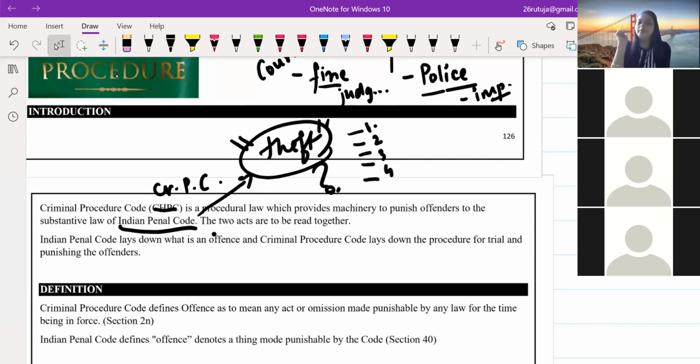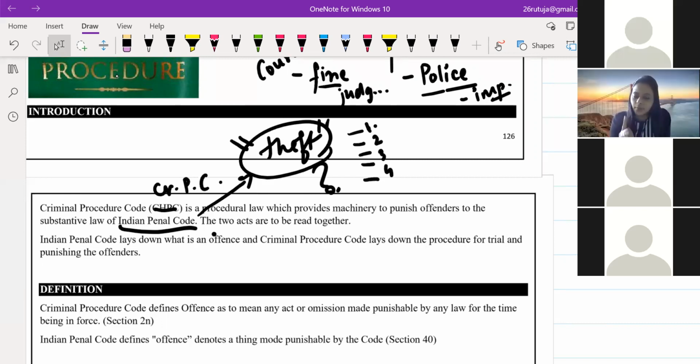Okay, so Indian Penal Code defines various crimes, various offenses, gives the essential ingredients for those offenses, and CRPC only gives you the procedure. So CRPC is a procedural law which provides a machinery to punish the offenders under the substantive law of I.P.C. So if you compare, CRPC is a procedural law and I.P.C is a substantive law.